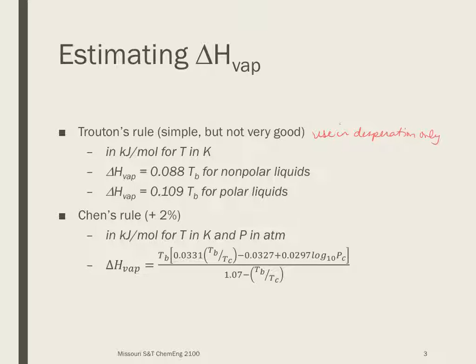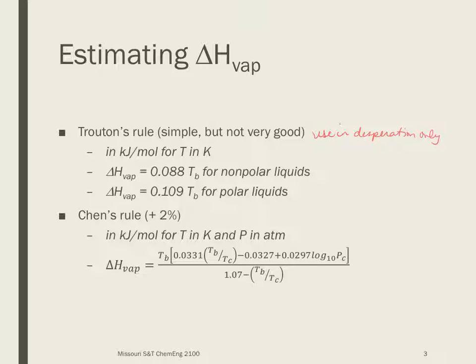And so what you need is the boiling point, and just take the boiling point in Kelvin, multiply by 0.088 if it's a nonpolar liquid, and 0.109 if it's a polar liquid. And that will be a quick estimate of the heat of vaporization. It's not really a good estimate, but like I say, sometimes you just have something and you have no idea where to get started. This will at least allow you to do calculations.